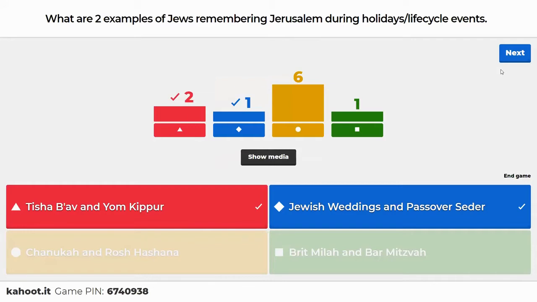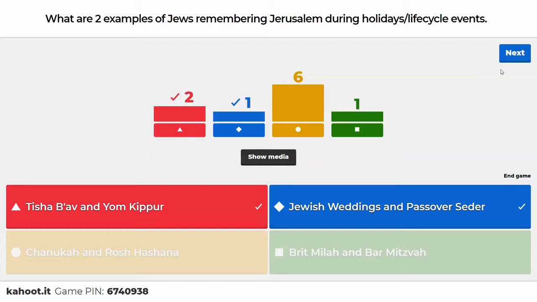Actually, I'm sorry, it's supposed to be only one: Jewish weddings and Passover Seder. But it's actually showing two, Tisha B'Av and Yom Kippur. It might be that these are the two examples. Were we supposed to pick two of them? I don't know, we're going to find out later. I might have messed up here a little bit, but we're going to do that quiz again.